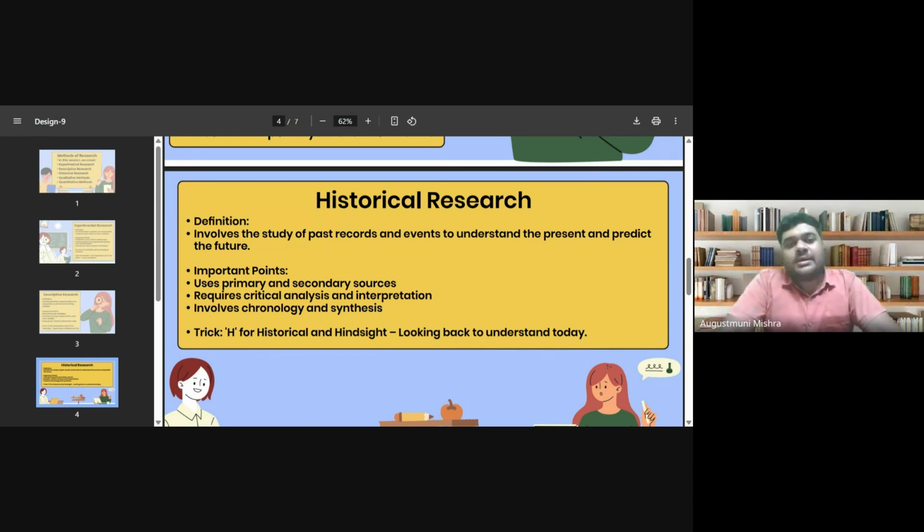Here I have mentioned one trick: H for historical insight, looking back to understand today. If you want to understand historical research, you can go for the alphabet H, which also represents historical and hindsight.